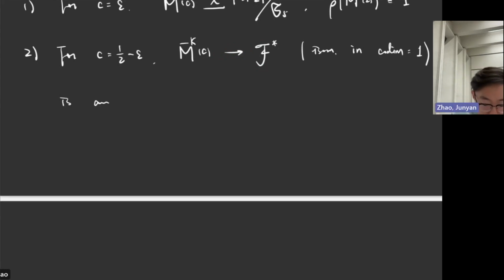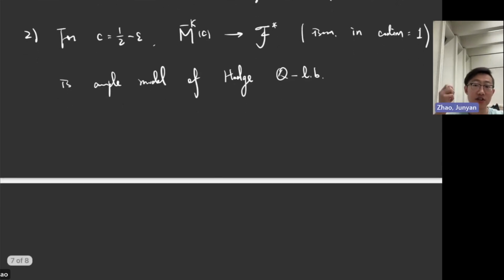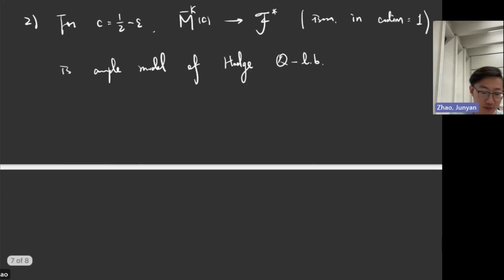It is the ample model of the Hodge Q-line bundle. Okay, so these are the two extreme cases.